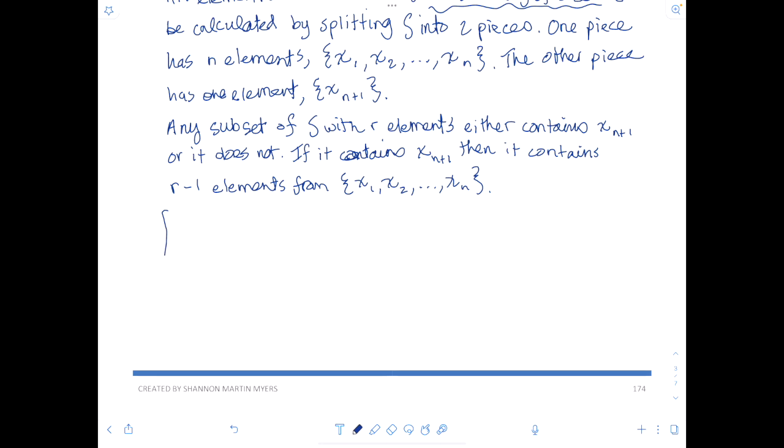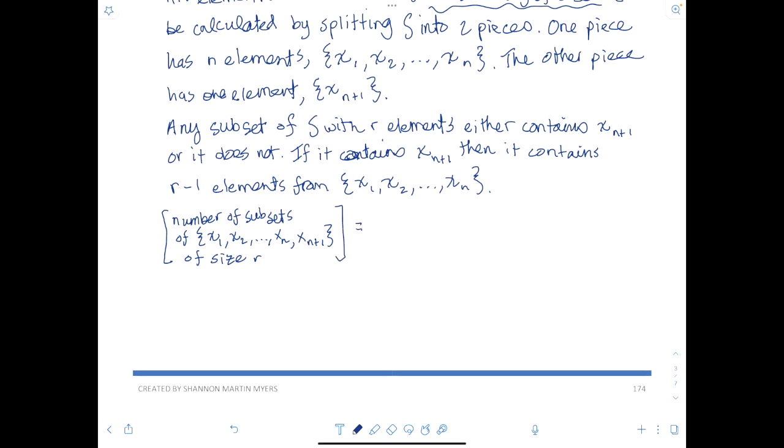We'll have a total number of subsets of x1, x2, dot, dot, dot, down to xn, and x sub n plus 1 included in there, and that's of size r, basically what we just wrote out.